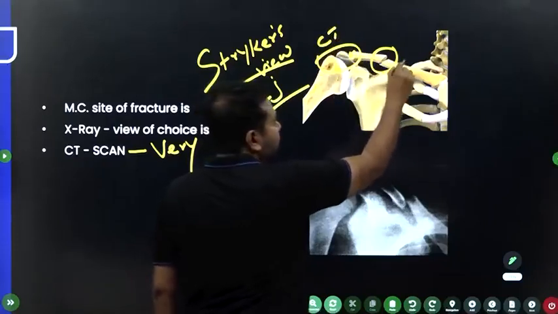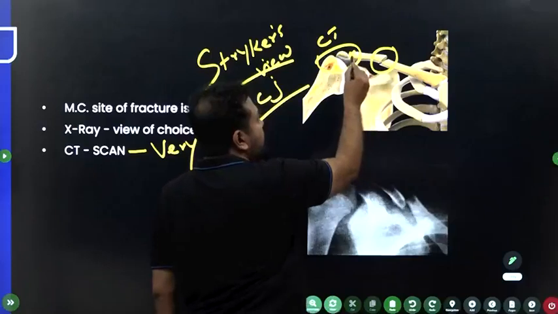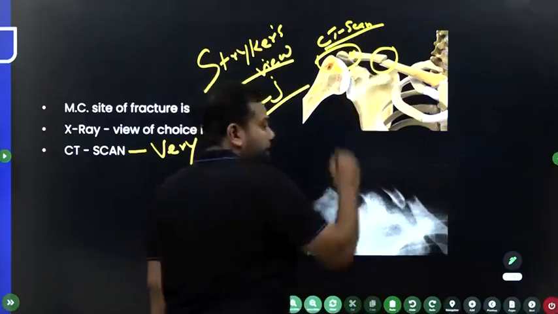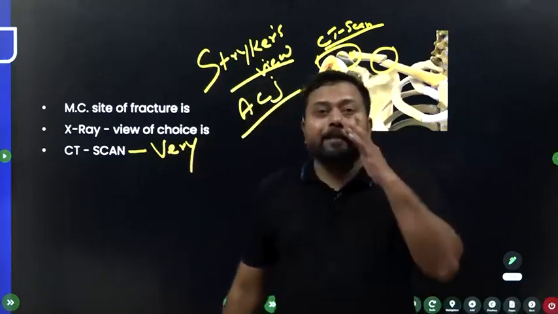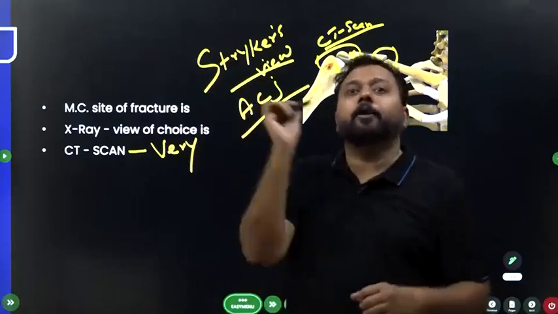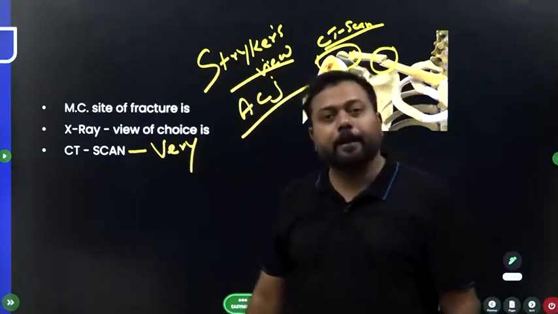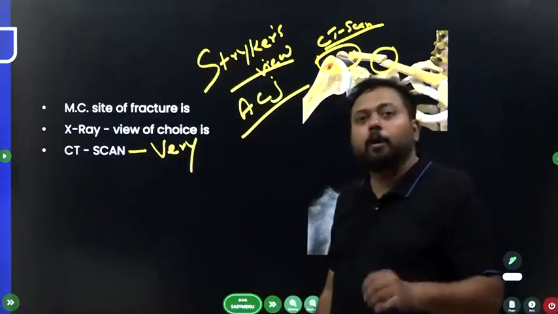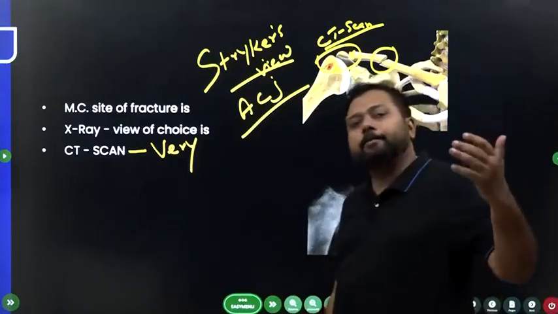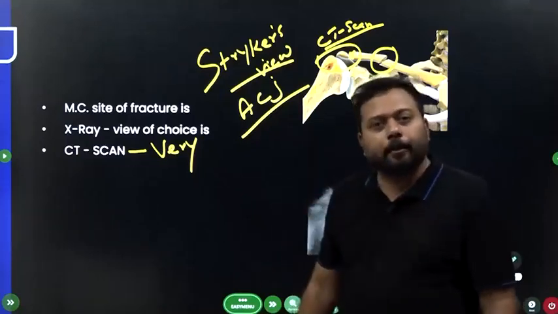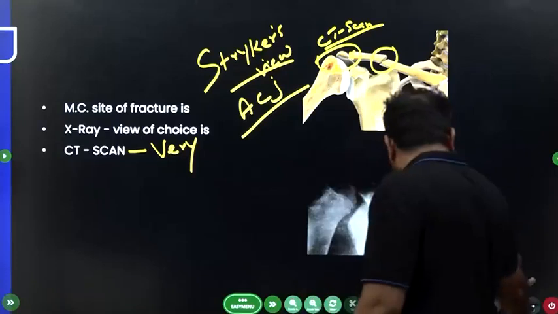X-ray is very good for the medial 2/3, 1/3 junction. When it is near the acromioclavicular joint, CT scan is the best investigation, because only CT scan will show whether the fracture has an intra-articular extension. So CT scan is very useful in lateral third fractures. That's the investigation.